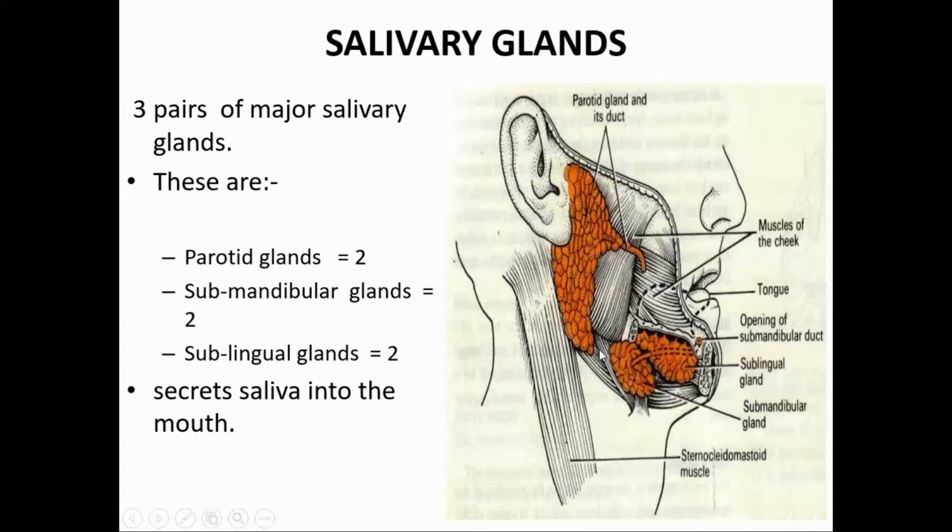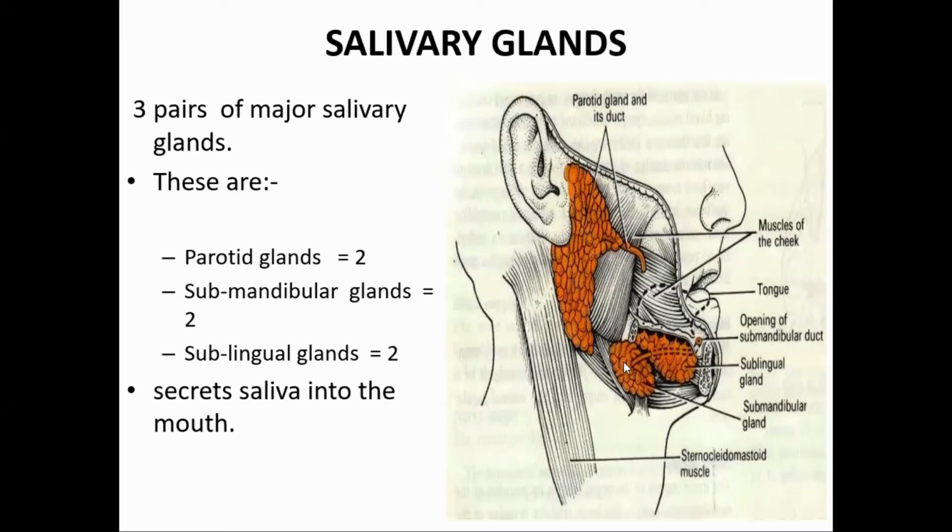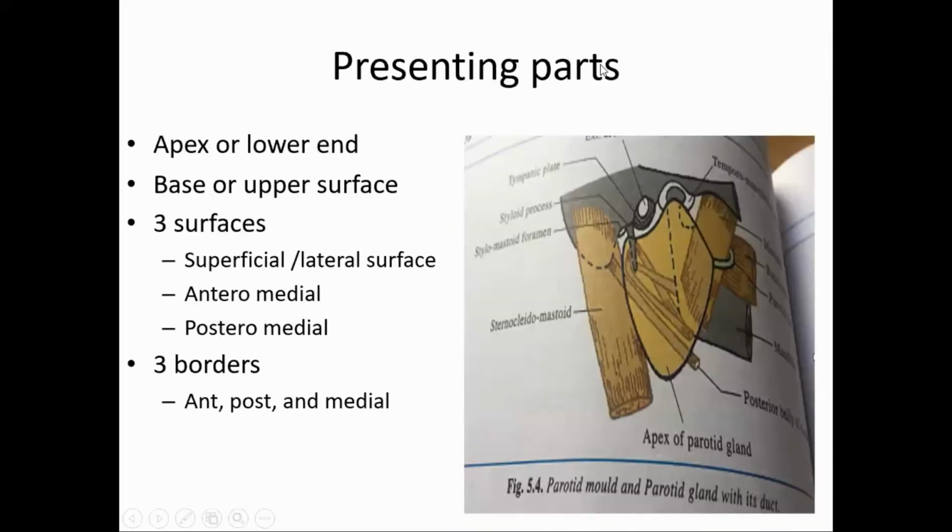There is the attachment of the stylomandibular ligament, and it forms a partition between the parotid gland and the submandibular gland. The stylomandibular ligament originates from the styloid process and is attached to the angle of the mandible. And it forms a partition between the parotid gland and the submandibular gland.